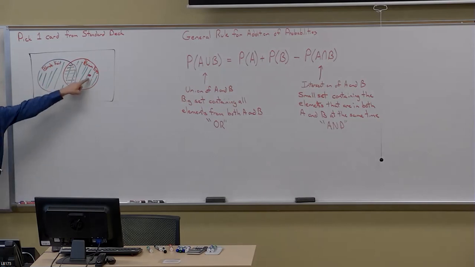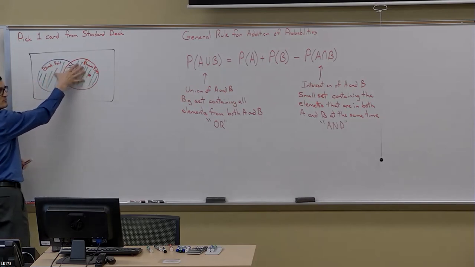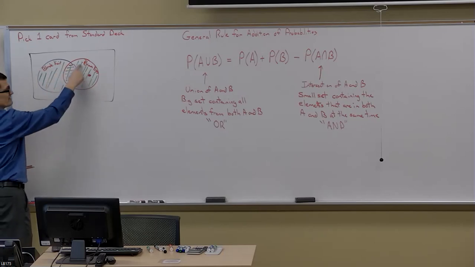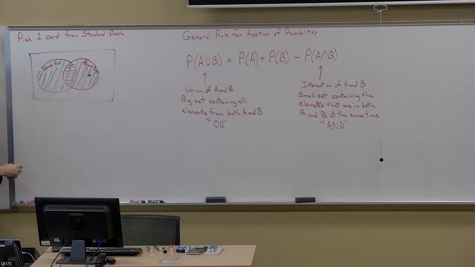I'd be basically living in this section. So I'd be in a union because the union contains all the things that I've shaded here in green, everything on the inside of the circles. But I would not be in the intersection. The intersection is just this sliver here. Everybody follow that?